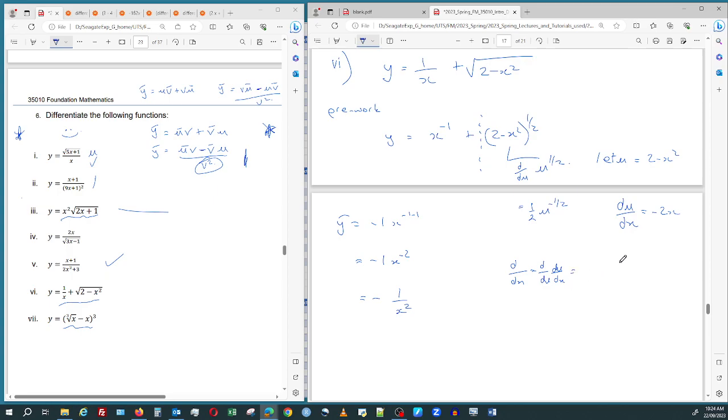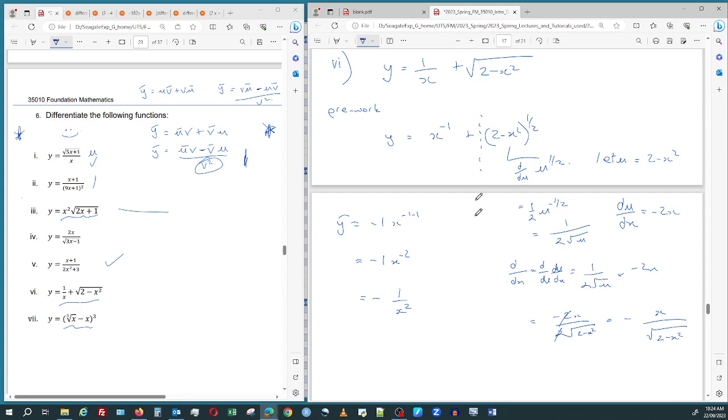Okay, so this is an important moment. This is now equal to that common thing that we see a lot of, 1 over 2 root u times minus 2x. So that's going to sit on top, and u was 2 minus x squared. The 2's will cancel, so we'll be left with minus x over the square root of 2 minus x squared.